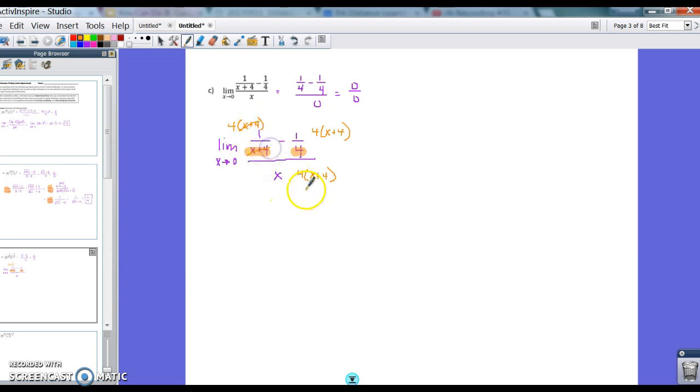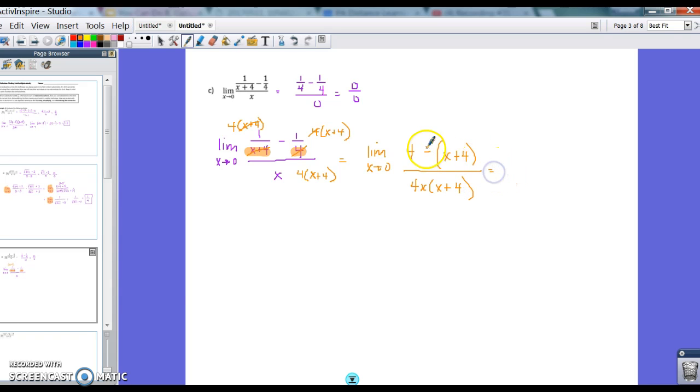My x plus 4's cancel there, and that gives me just 4 times 1, or 4. Here my 4's cancel, so that gives me negative 1 times x plus 4. And then in the bottom nothing cancels, so I have 4 times x plus 4.